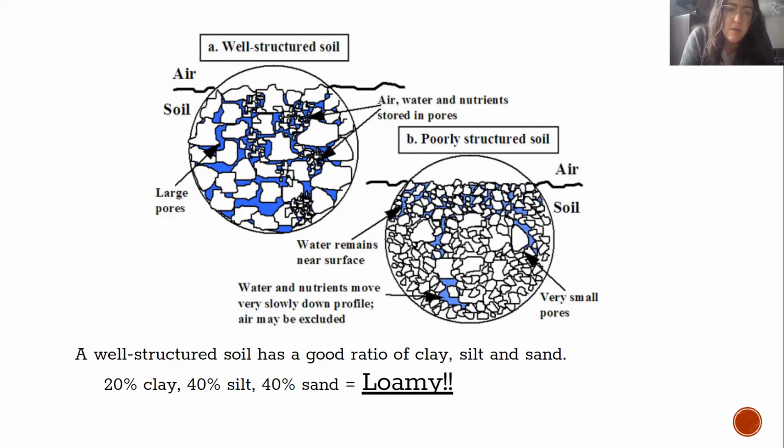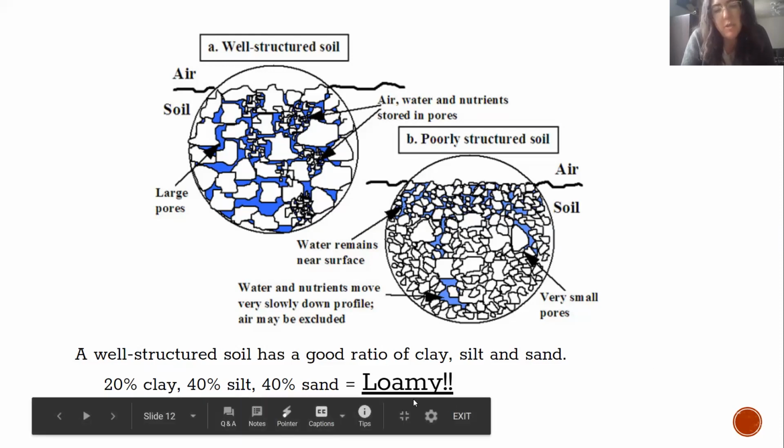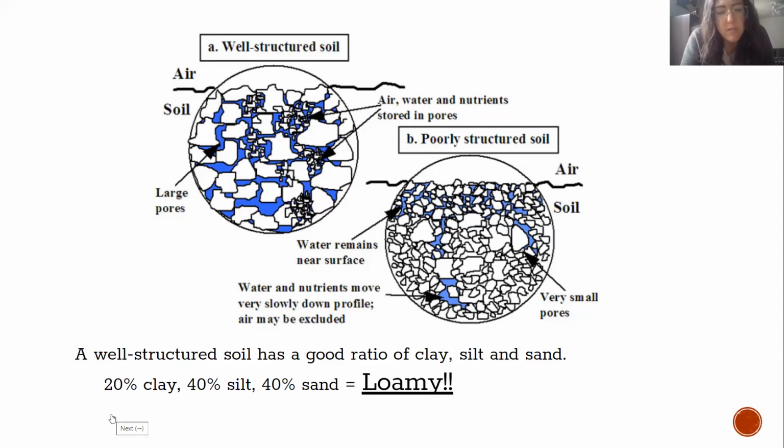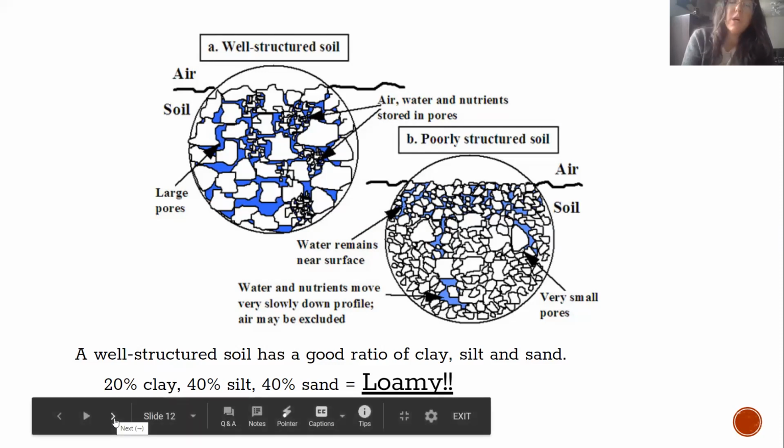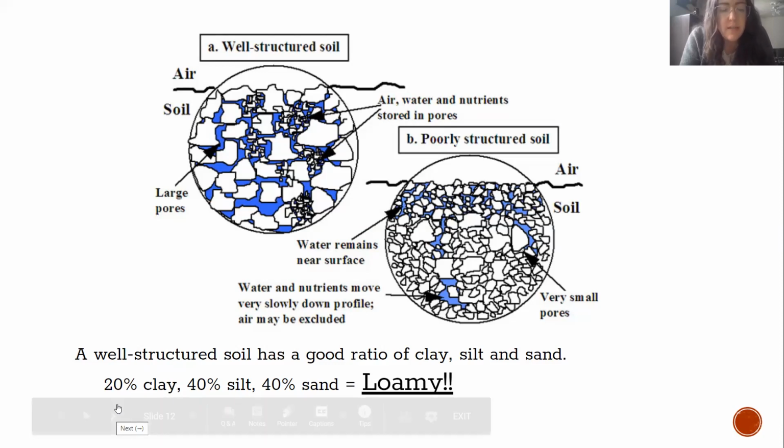In that loamy soil, that ratio allows the water and the air to move through in a way where water can stick around as long as it's needed, but it's still able to move through the soil and not drown things out. And it also doesn't move so quickly that the roots and the organisms aren't able to get to it before it's gone.